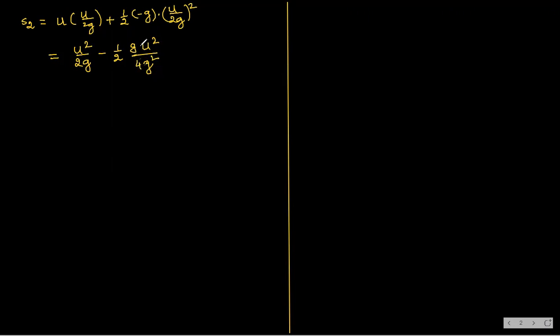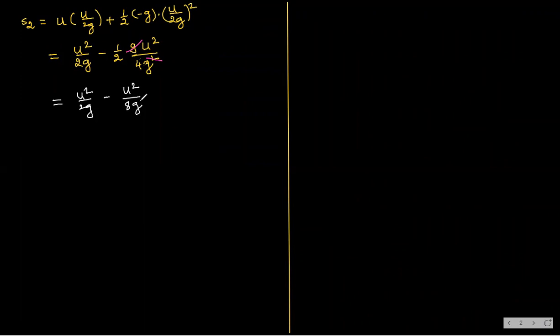Now let's cancel this g with this g. And what is our next step? See, u square by 2g minus u square by 8g. Check it now. What we got? u square by 2g minus u square by 8g.